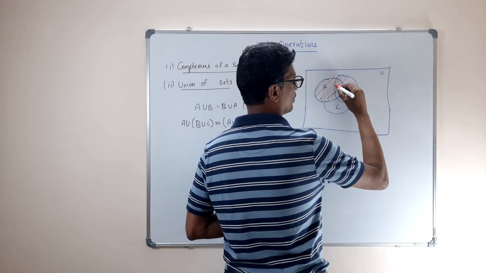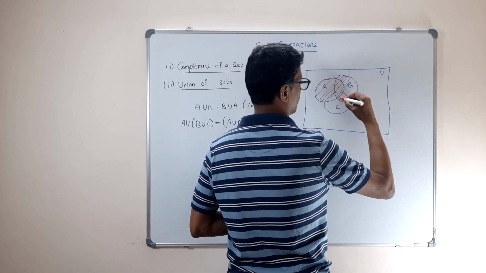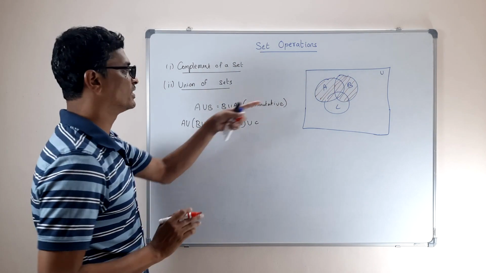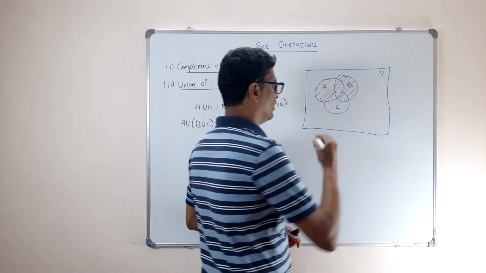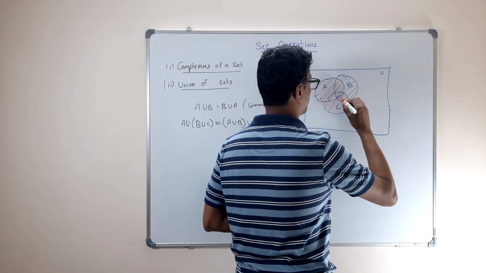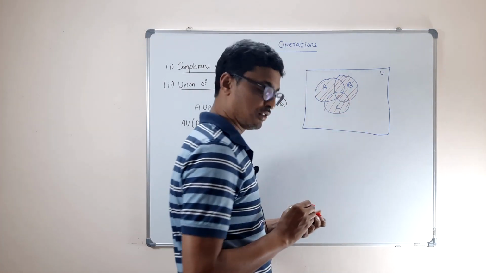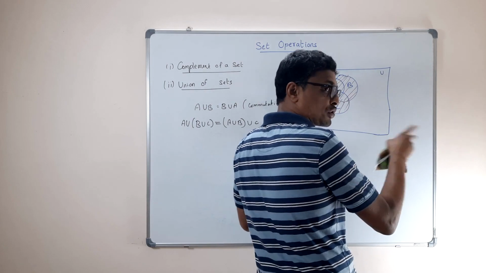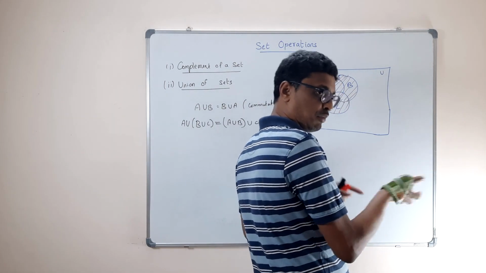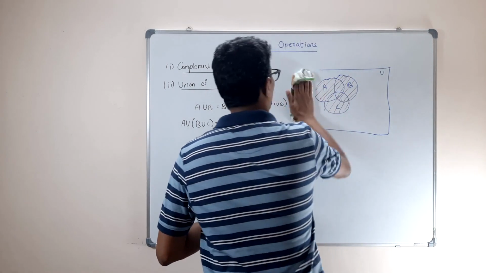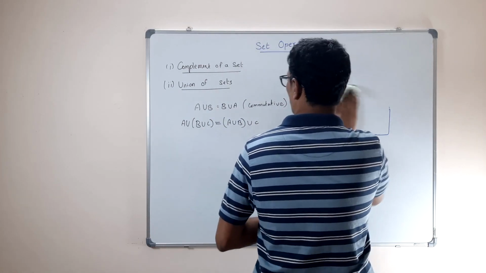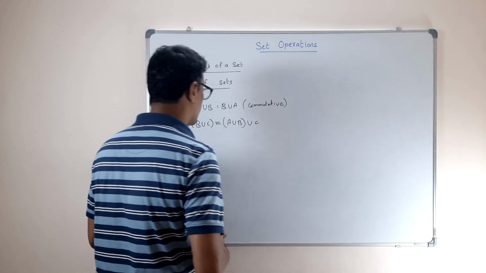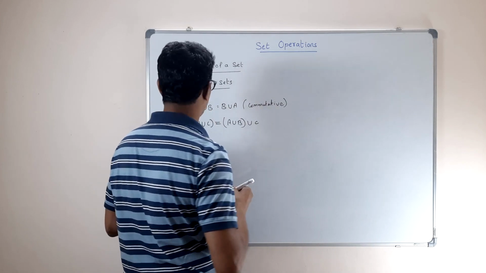Yes, because it is included in it. And that union C will include C also. You can put it in numbers also, in roster form, take any sets and you can prove it. So union of sets satisfies the associative property also.